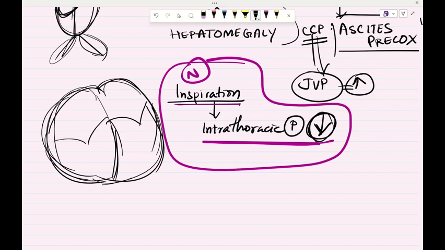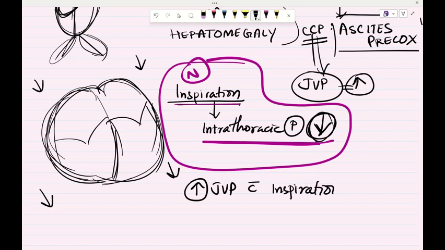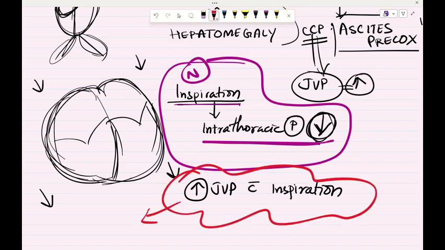So the intrathoracic pressure, which is falling outside, is not reaching the chambers. The fall in intrathoracic pressure is not transmitted to the chambers of the heart. This is because of the thick pericardium. So what happens? There is something abnormal. There is an increase in JVP with inspiration. Normally there should be a fall in JVP with inspiration. But here there is something abnormal: there is an increase in JVP with inspiration in CCP.